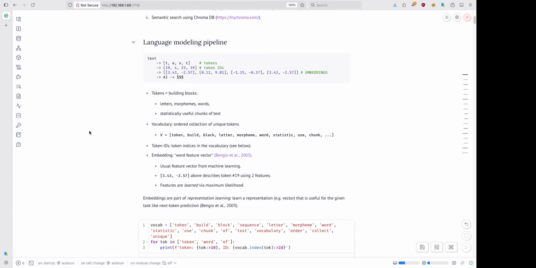We see here token build, it has an ID of 1. Token block has an ID of 2, and so on and so forth. And token has an ID of 0 here. So we have tokens, the vocabulary, and token IDs, which are indices into the vocabulary. Basically, every token now is associated with an integer.